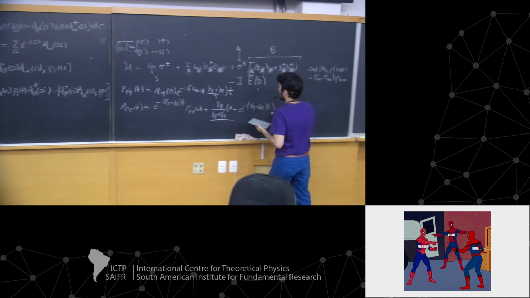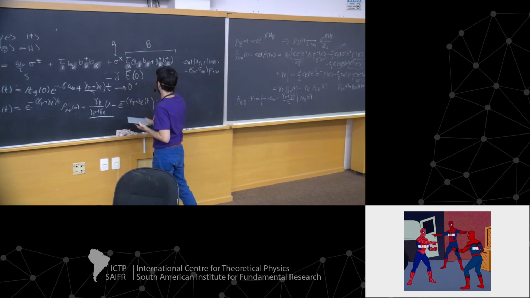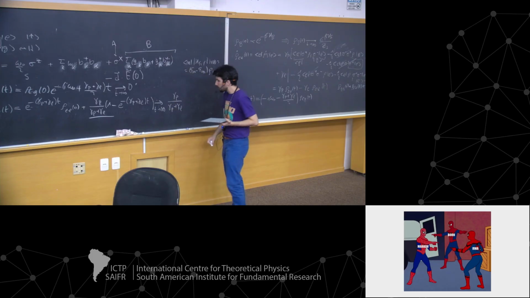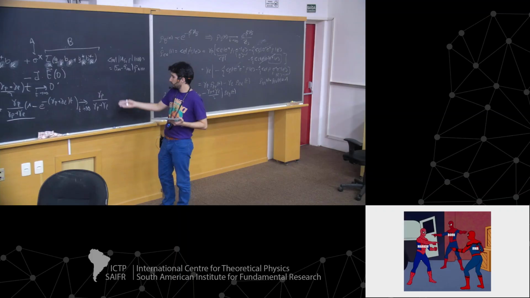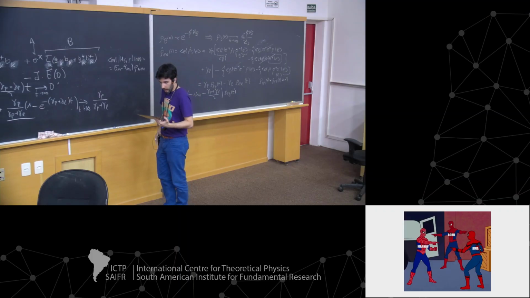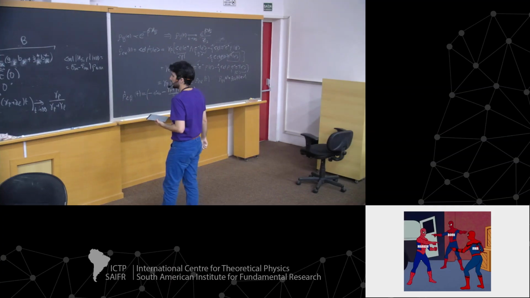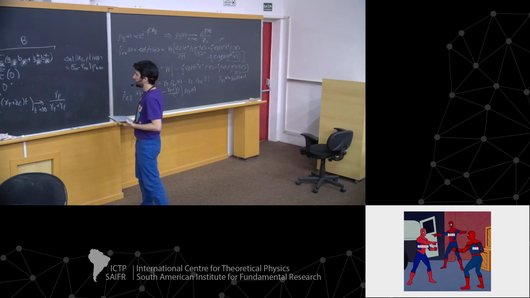So at very late times, the coherences decay completely, and you get a certain population.